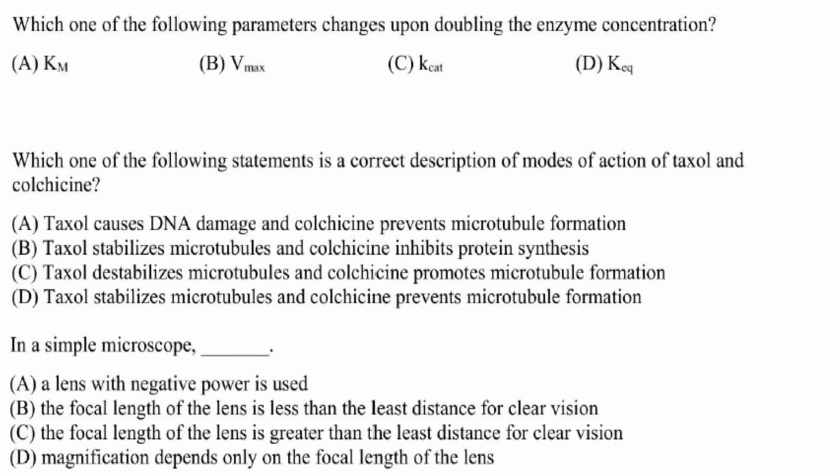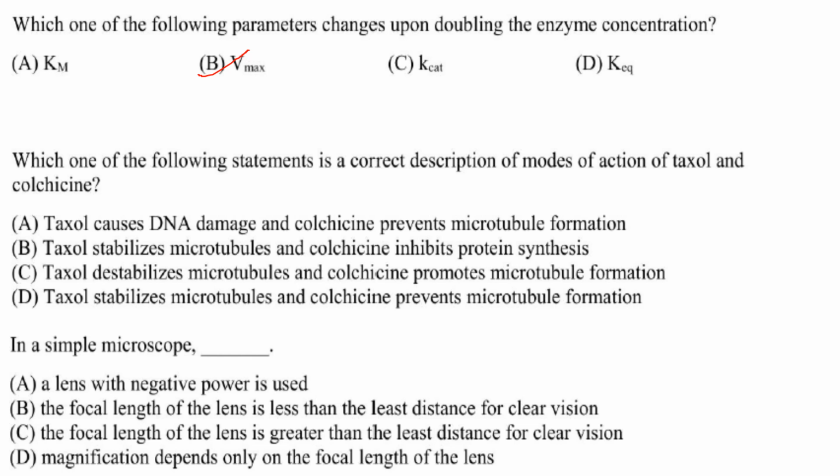Then next one. Which one of the following parameters changes upon doubling the enzyme concentration? Naturally, your Vmax will change, because Vmax is directly proportional to enzyme concentration. So if you double the enzyme concentration, Vmax also will get doubled.